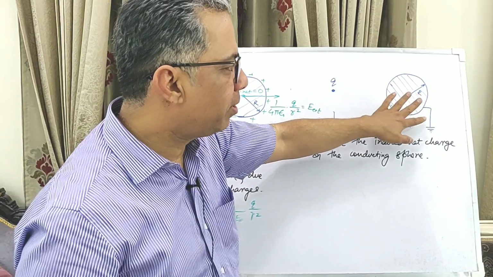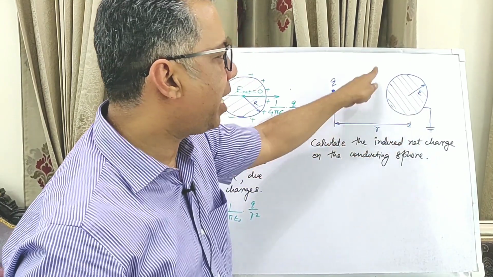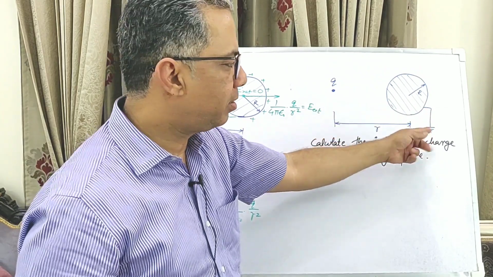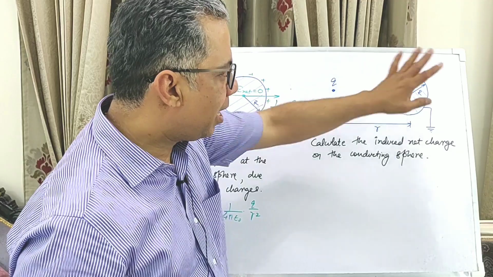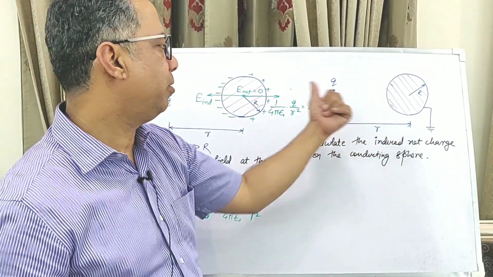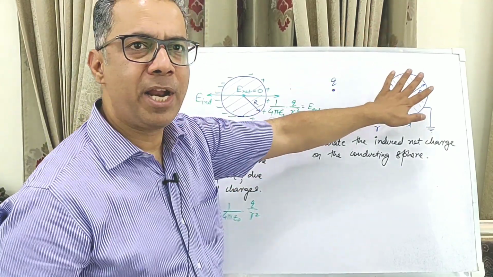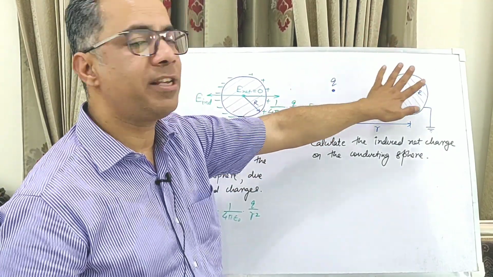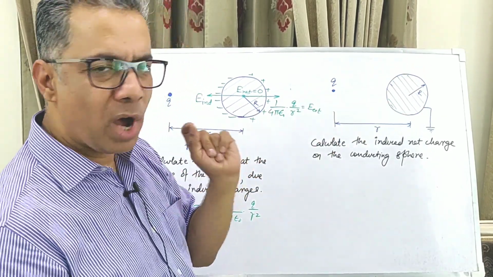But in this problem, because we have connected this conductor with the earth, some net charge can appear on it because the earth can give it some charge. So now the charge on the conductor will not be zero, as you see over here. There will be some net charge which will necessarily be non-zero, and I'll explain why.